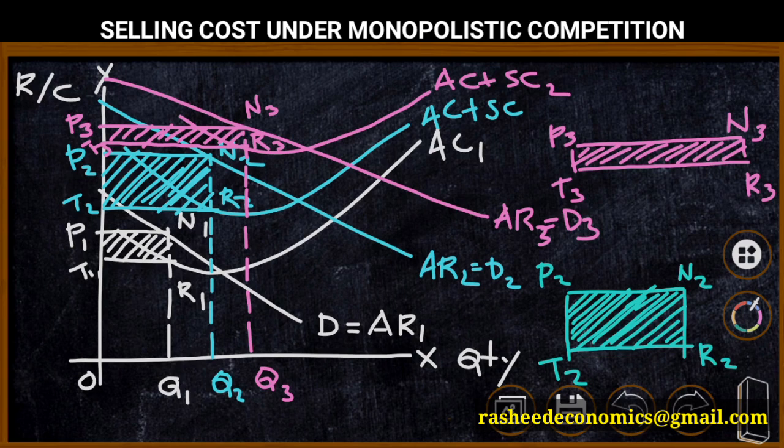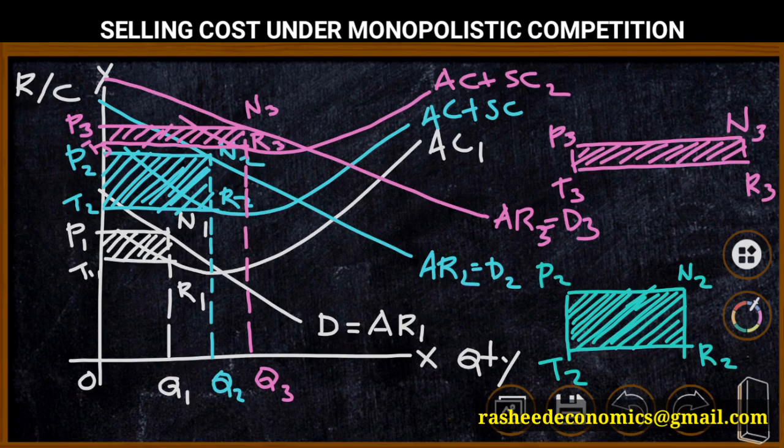In other words, at the initial stage of selling cost, the additional cost incurred for selling is lower than the additional revenue generated from selling. The additional revenue generated from selling is higher than the cost incurred for advertisement or other selling cost activities.